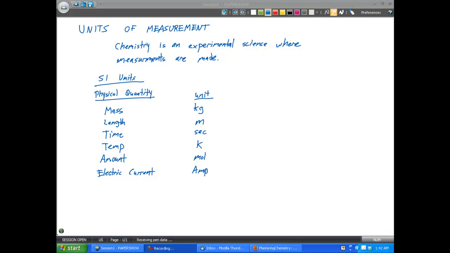But we need to know how to convert between each of these units. And these SI units are the standard units that we use worldwide. Because remember, there's chemistry going on in every other country of the world, not just here in the United States.